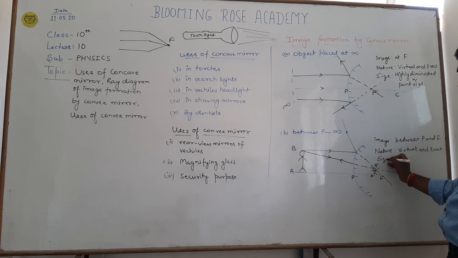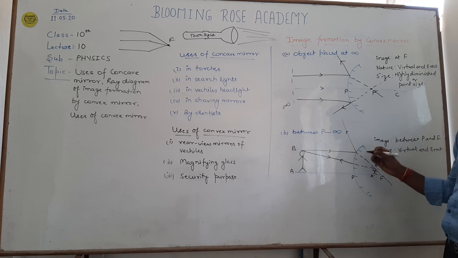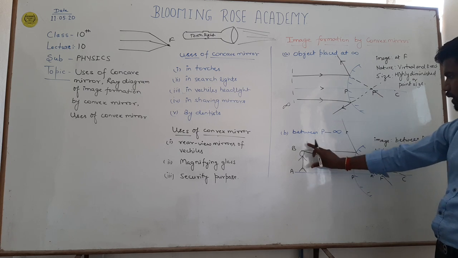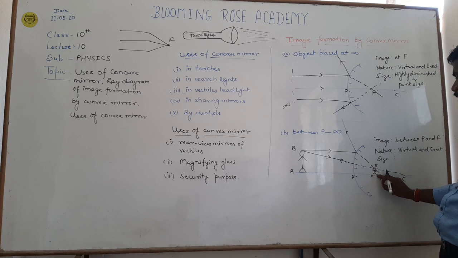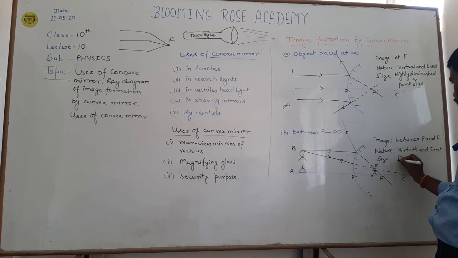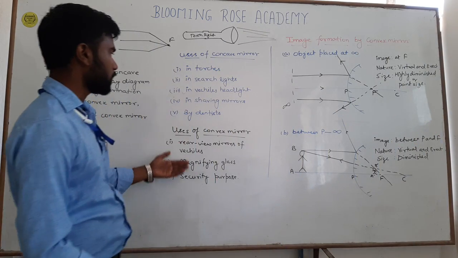And what about size? The size of the image will be diminished. As you can see here, we have a larger object, but its image is smaller in size. So the size will be diminished.